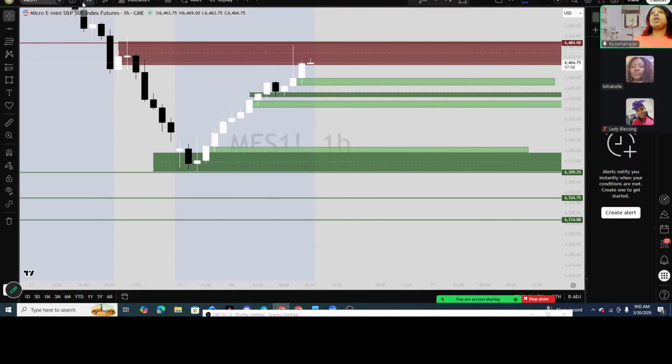Okay. So now, another thing that I do on the 1 hour is I try to mark Asia high and low. I mark my Asia high and low so that it acts as a point of reference for me for key zones, for liquidity, sorry.